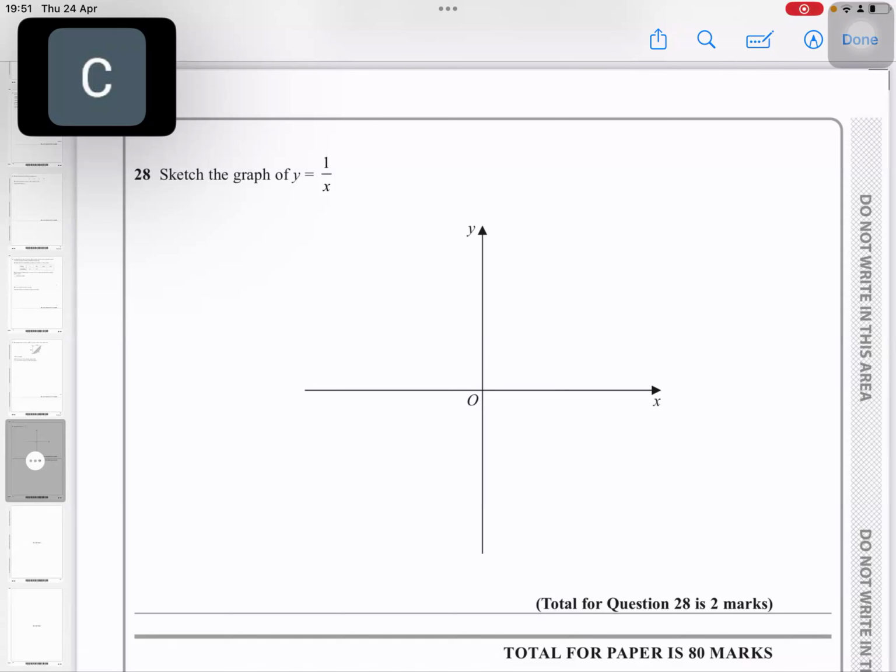When x is 2, y is half. Zero point three.